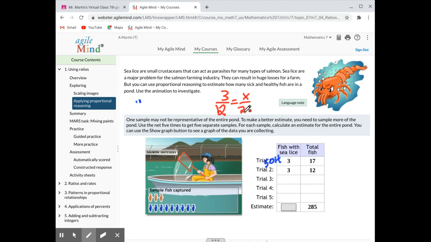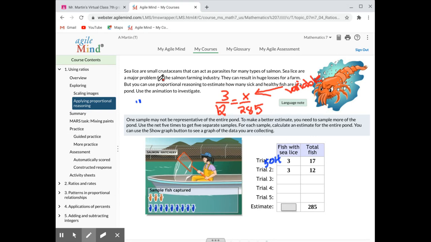Good job. Remember that x is just a letter that stands for an unknown number. And so this x right here is actually called a variable. And a variable is a letter that is in place of an unknown number or a number that we do not know yet. All right? So what would we do to find our answer?